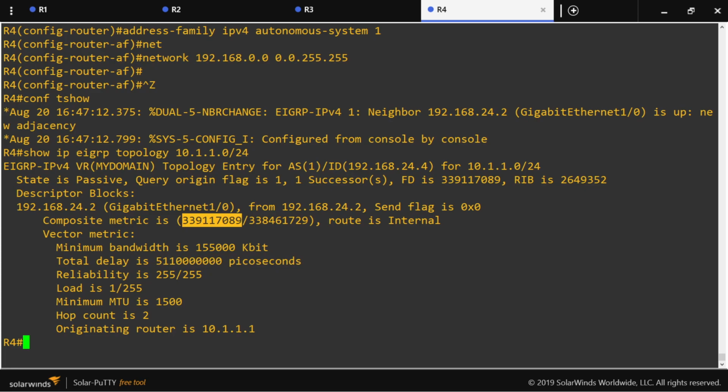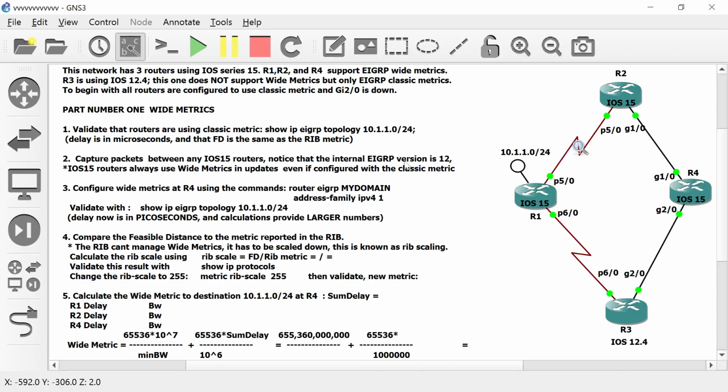So this is the feasible distance now, and notice that the metric in the RIB is different. So we are using wide metrics now in Router 4 only.